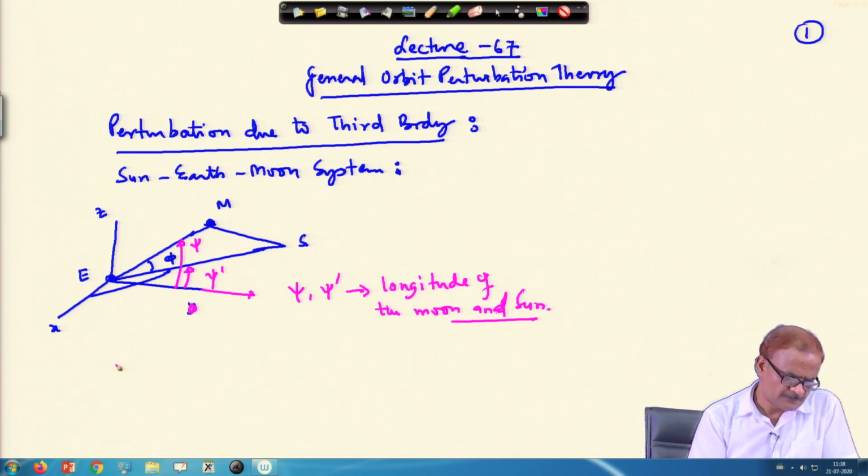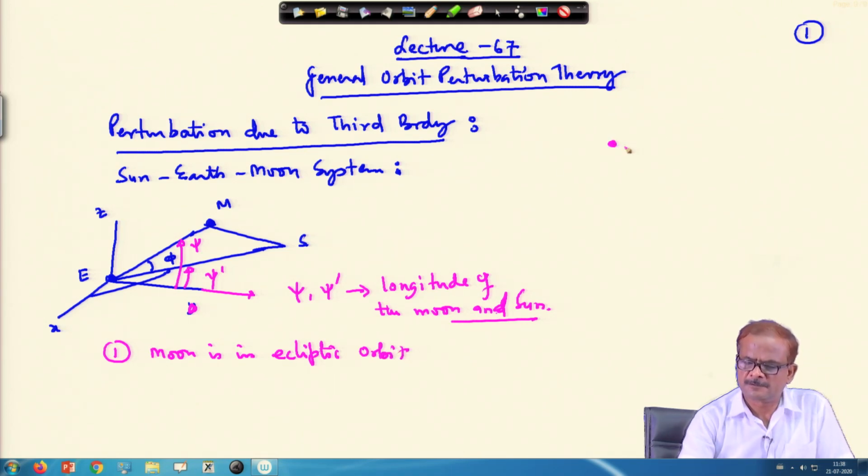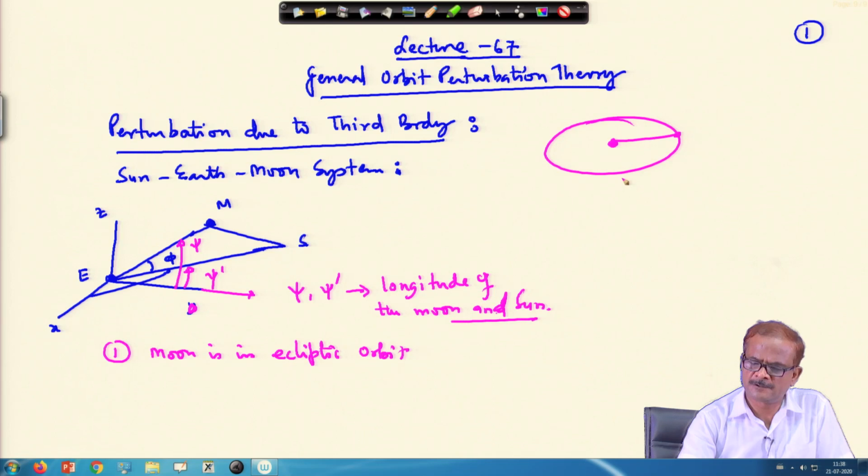Under what assumption are we trying to work? Moon is in ecliptic orbit. That means if this is the sun and around the sun the earth is moving, this plane we have called the ecliptic plane.